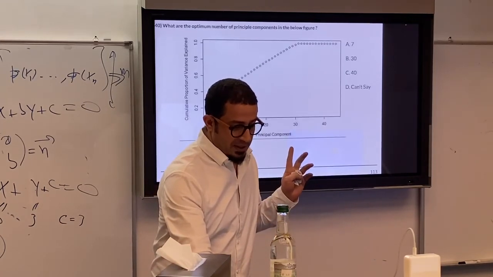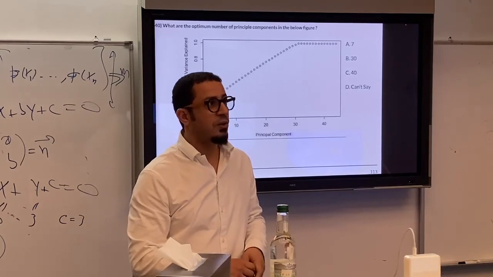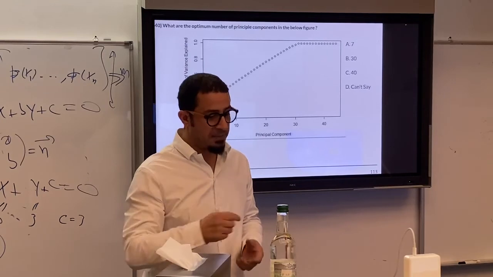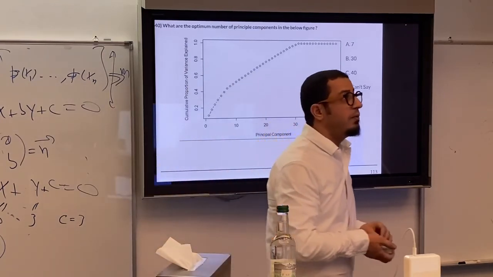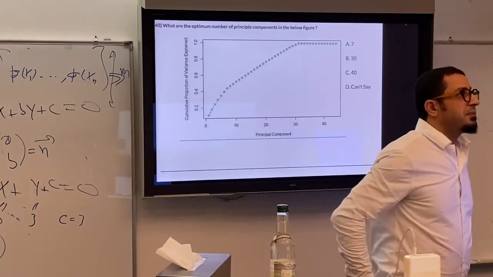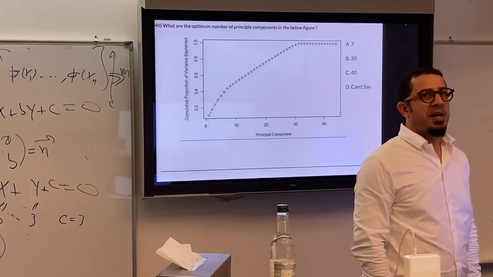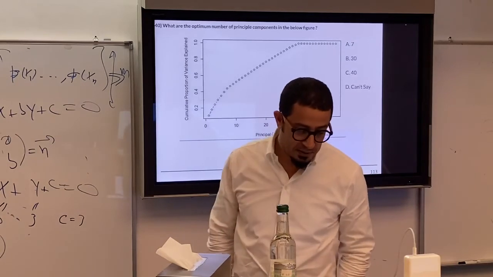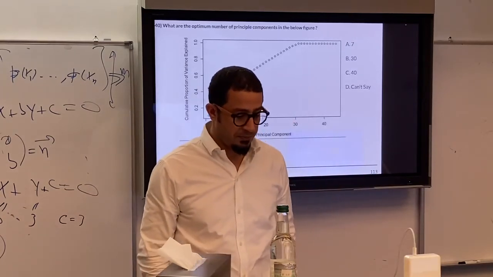I will not repeat it. Here, for PCA, what is the best number of principal components in the figure below, without compromising anything, but we can do reductions? Which dimension can you go to?